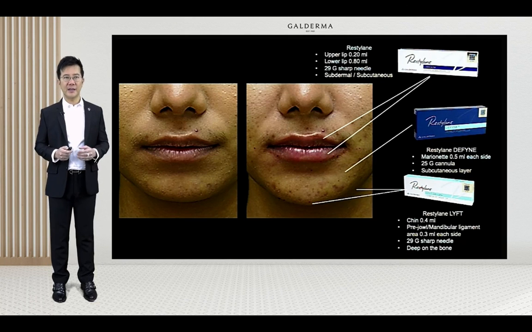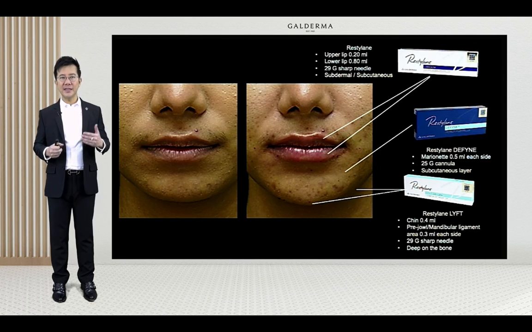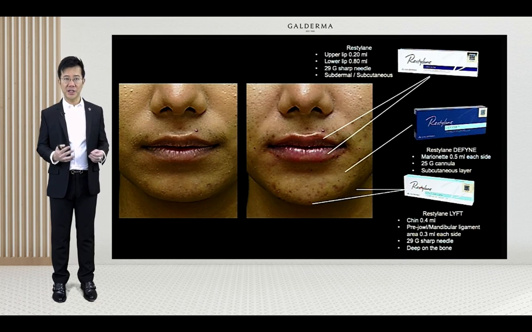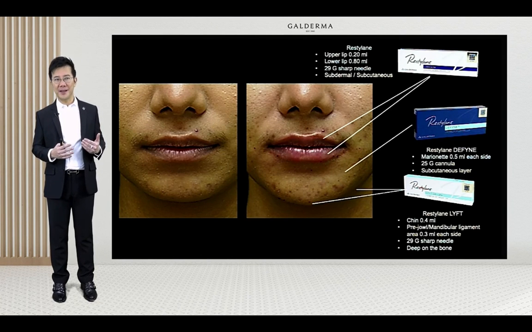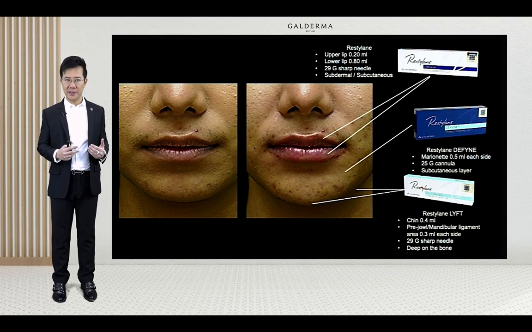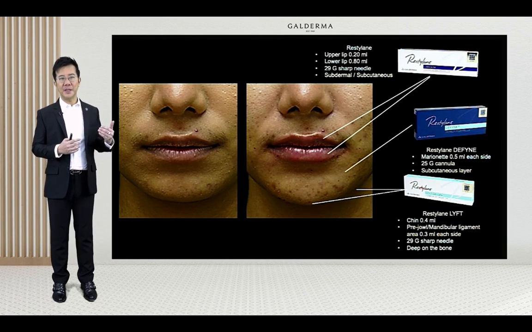In summary, regarding lips injection, I consider the desire of the patient in each age group. Younger generation want more prominent and attractive lips, while middle-aged generation want more natural and proportionate with other areas of their faces.